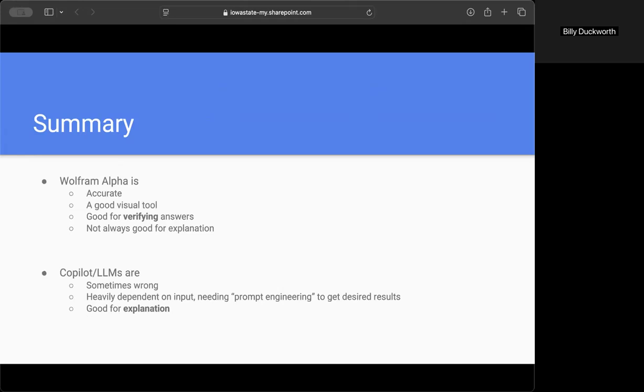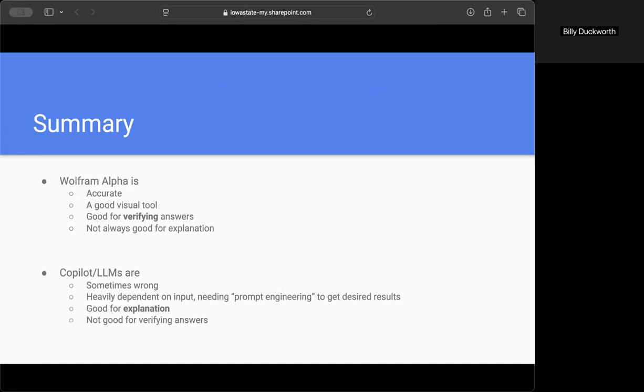But if you do that, then it can actually be very good at explaining things. So, outside of office hours, this would be an okay place to try to get an explanation on something, or something to try before you go to office hours, just to see if it's enough to explain it to you.